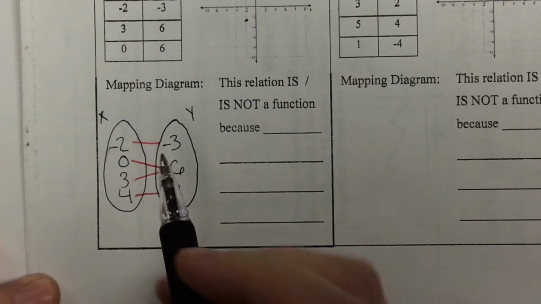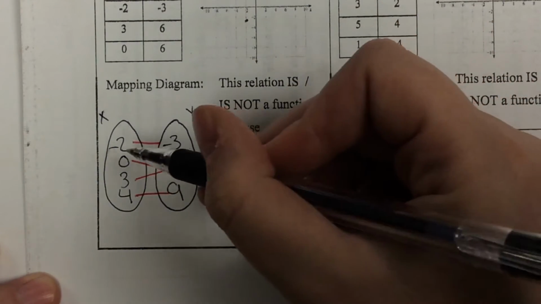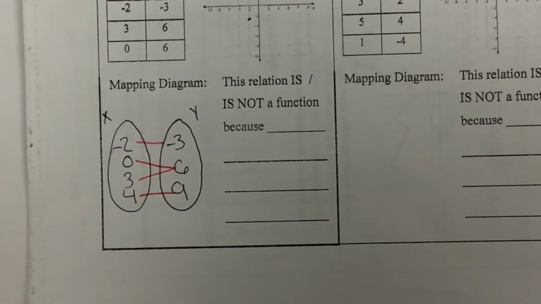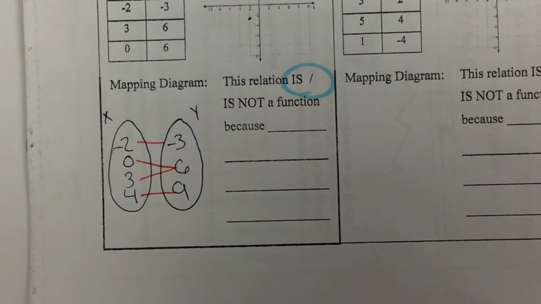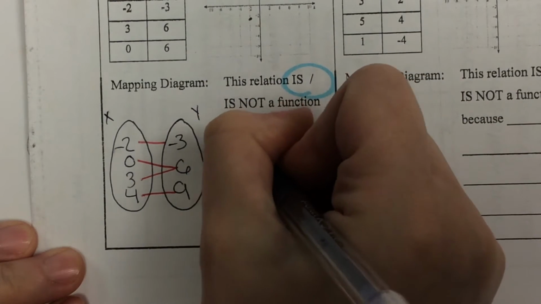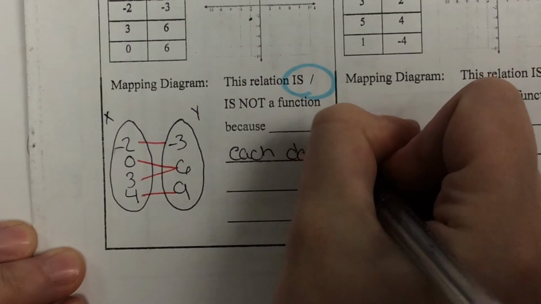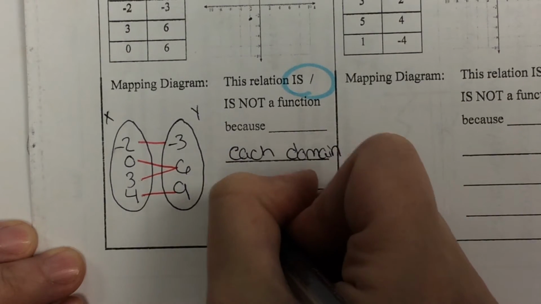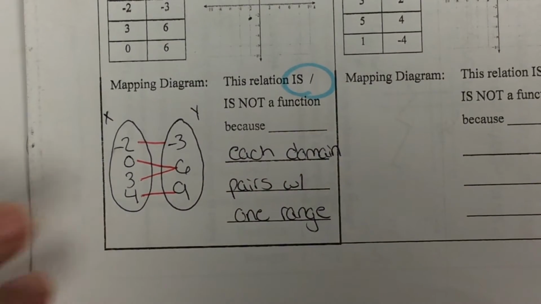But the reverse way, where we have more than one input for an output, so we have 0 and 3 going to 6, that's fine. So this is a function. For your reason, each domain value pairs with one range value. That's a good enough explanation for me.